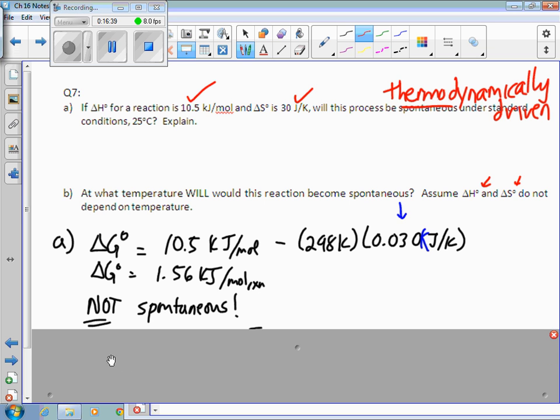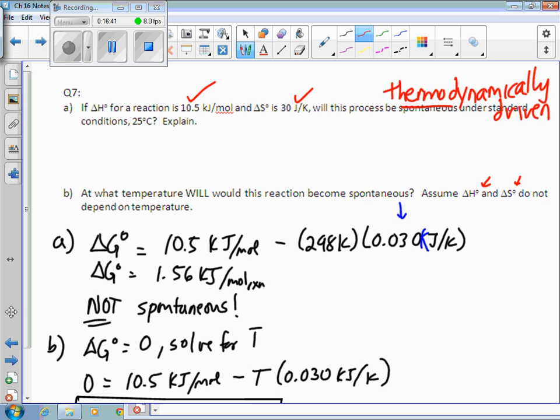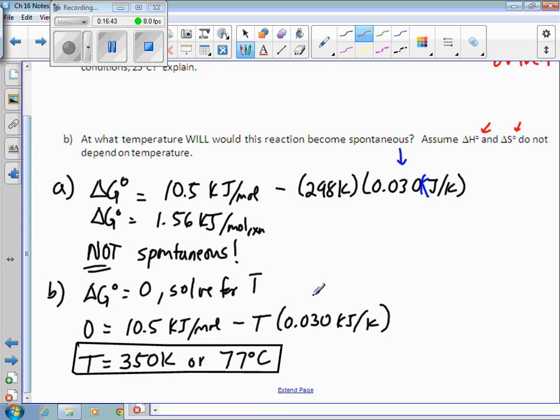So you can go ahead and set delta G to 0 and solve for the temperature. Delta G equals 0 is actually equilibrium conditions, we'll talk about that later. Then you can pop in those same values and ask, at what temperature will this become spontaneous? When you solve for temperature, it comes out to 350 Kelvin. You can convert that to Celsius, it's 77 degrees Celsius. So in this case, let's talk about our numbers here. Delta H was positive.